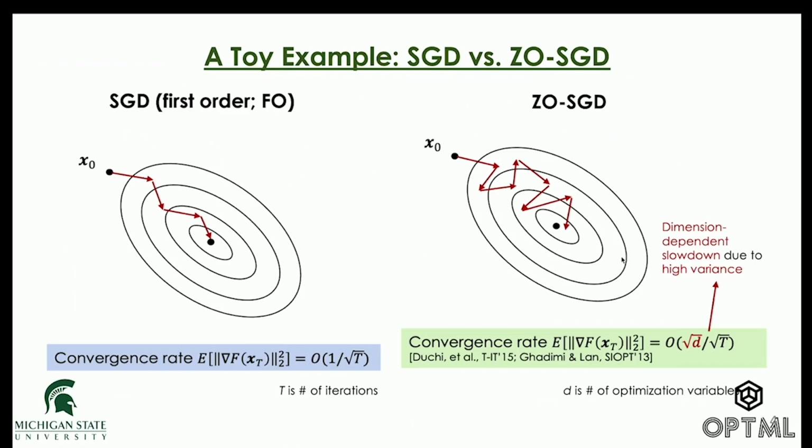That means if you use a Zeroth-Order method to solve a large-scale problem, it becomes difficult because the dimension of the variables could be quite large compared to the number of iterations you can run. So how to reduce this dimension slowdown effect, so that we can adapt Zeroth-Order methods to the LLM fine-tuning task, is one key task that we will address later.